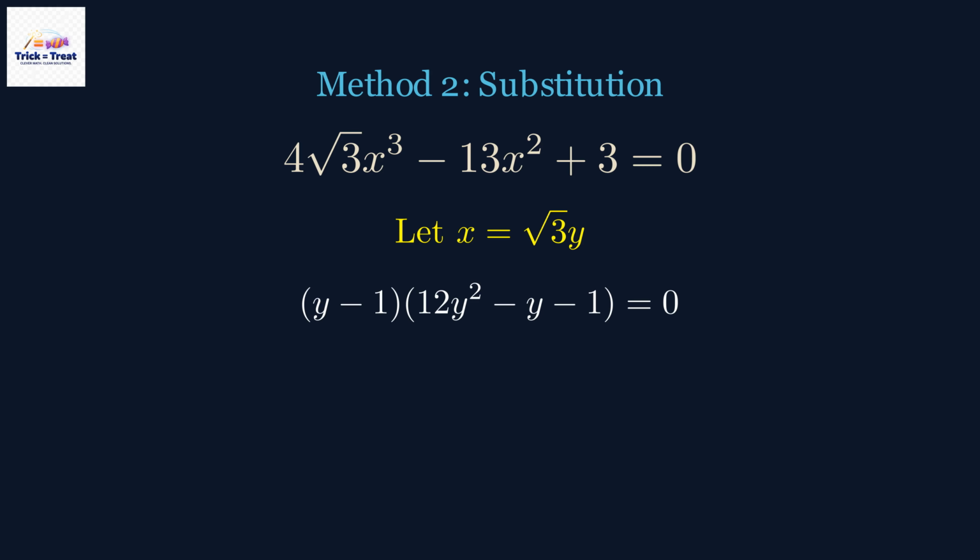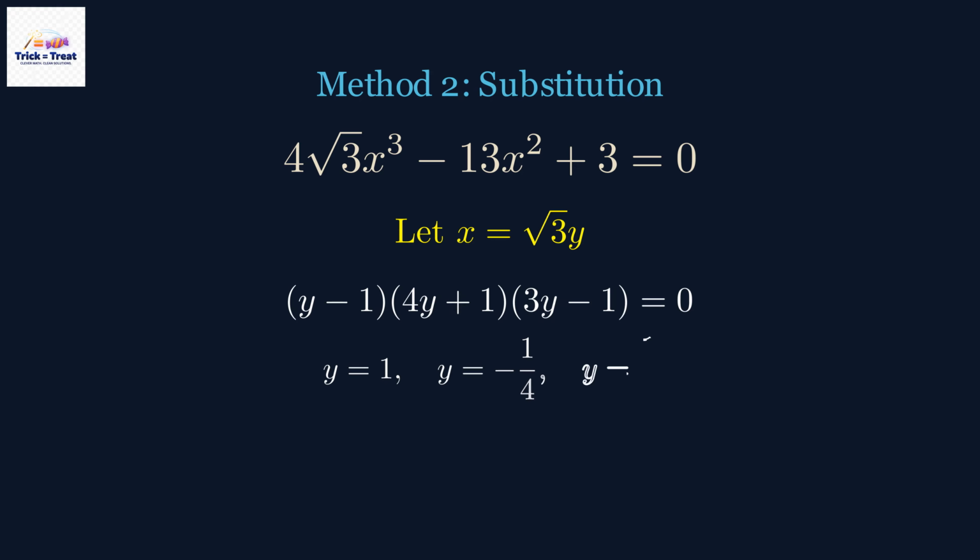Knowing that, we can factor out y − 1 easily. We get (y − 1)(12y² − y − 1) = 0. Moving on, we get (y − 1)(4y + 1)(3y − 1) = 0. So our values for y are 1, −1/4, and 1/3.